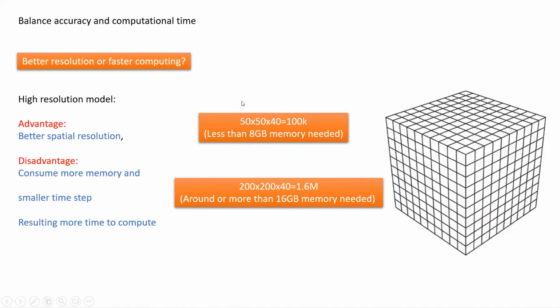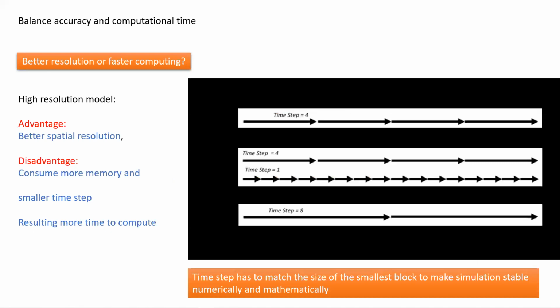In the first case, for example, our resolution is 4 meters, and if we do not reduce the total area of your precinct, but we increase the resolution to 1 meter, that means you will have 200 multiplied by 200 in the length and width, and in total that is over 1.6 million blocks, and it will consume much more memory. And not only will the memory be consumed a lot, but also the time steps.